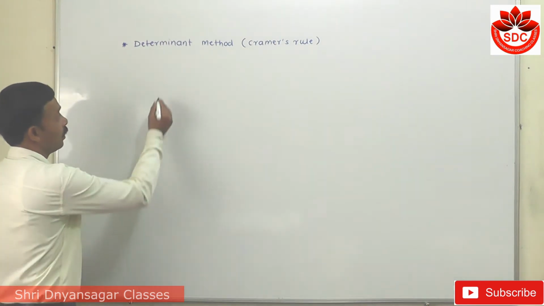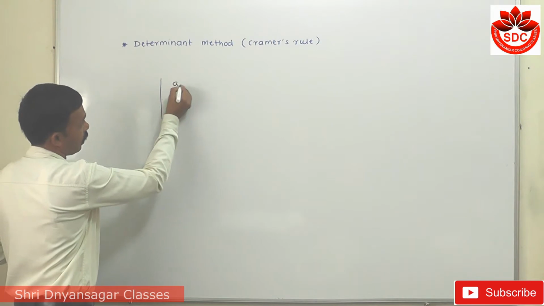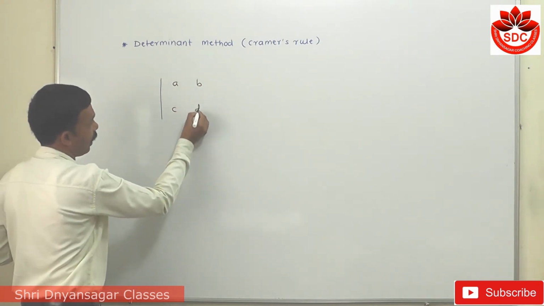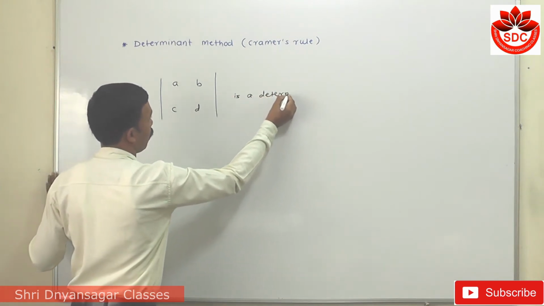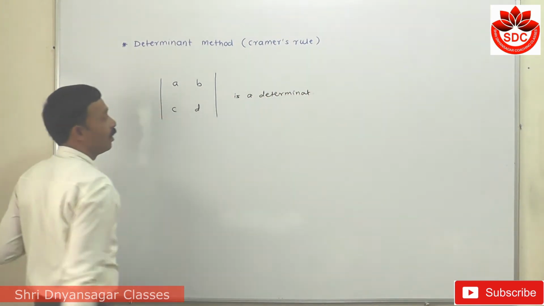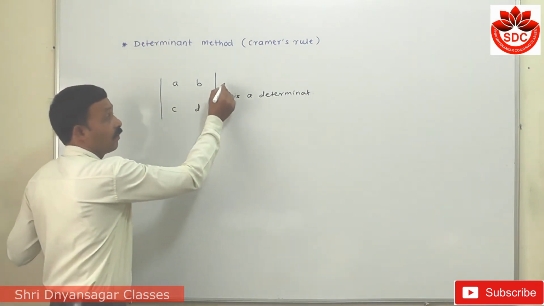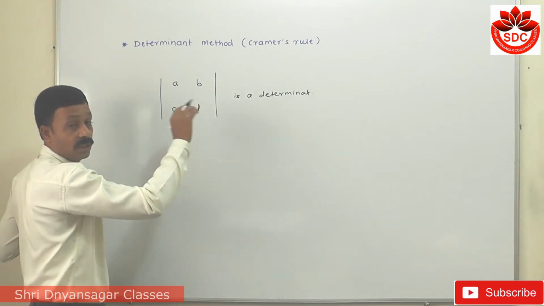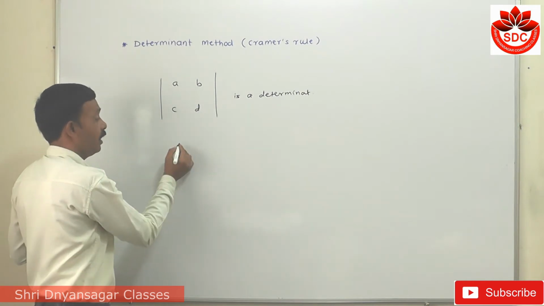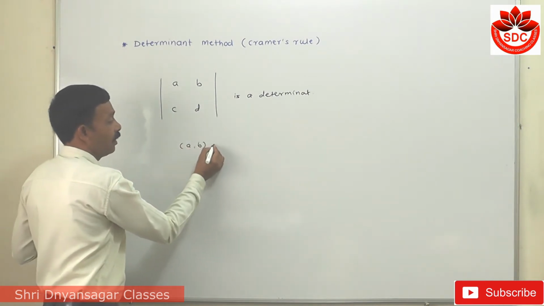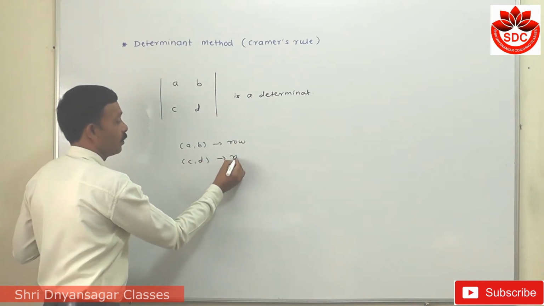Suppose this is a determinant with A, B in the first row and C, D in the second row. A, B is a horizontal row, and C, D is also a row.